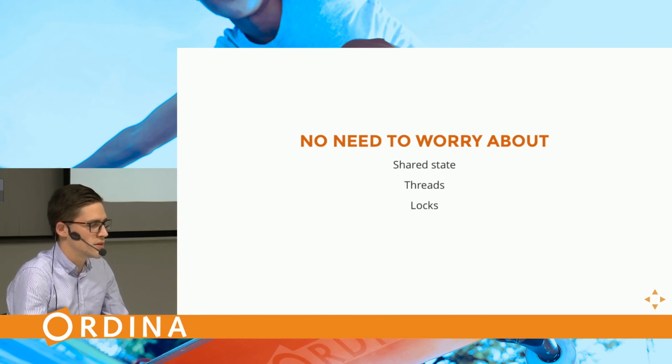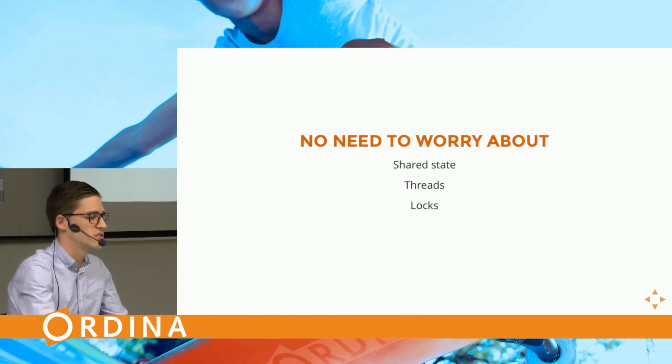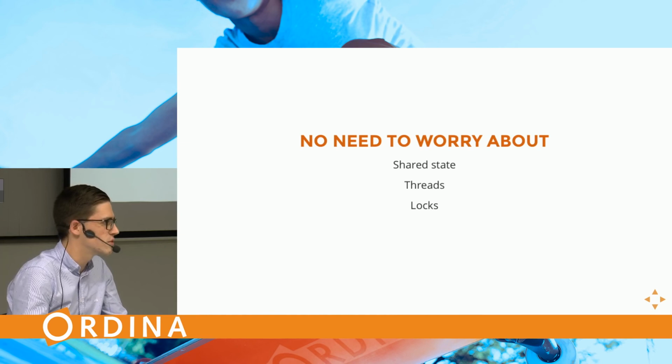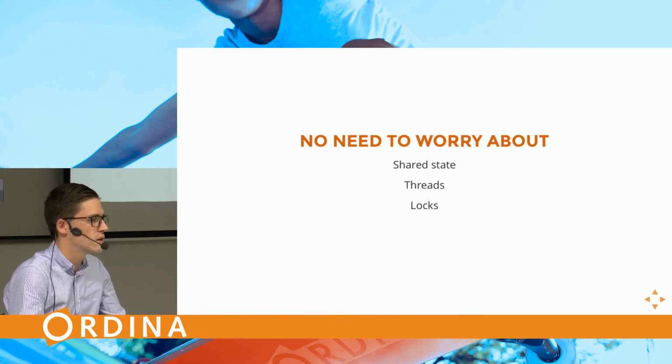You will see that with Akka we will make use of the actor model. The actor model is actually an abstraction layer for the developer, and by following this model the developer doesn't need to worry about shared state, threads, synchronized blocks, locks, and all the complex stuff that usually comes with writing a multi-threaded application.